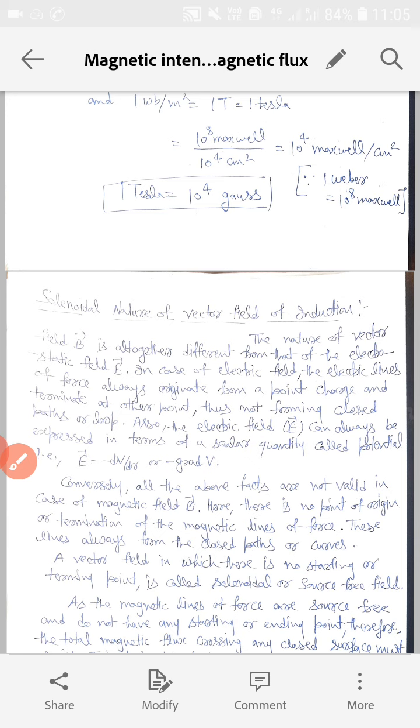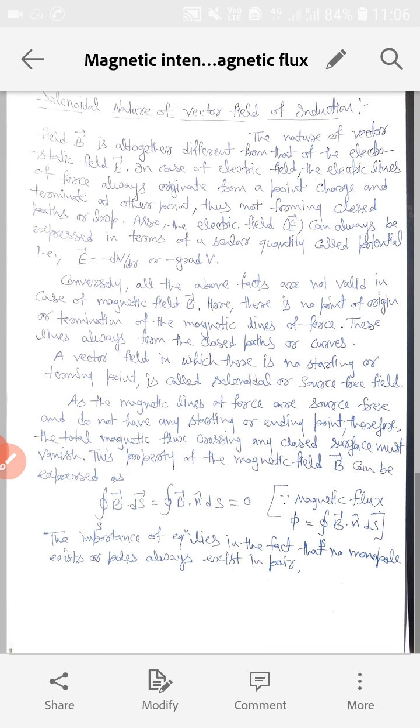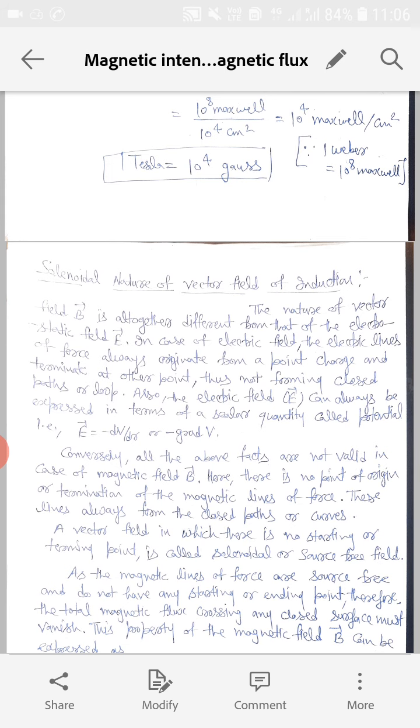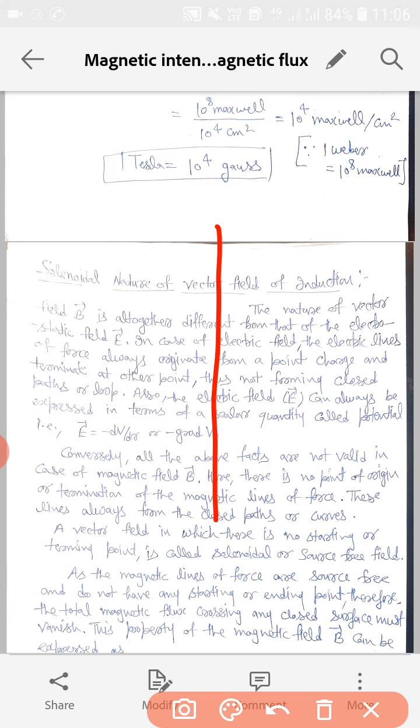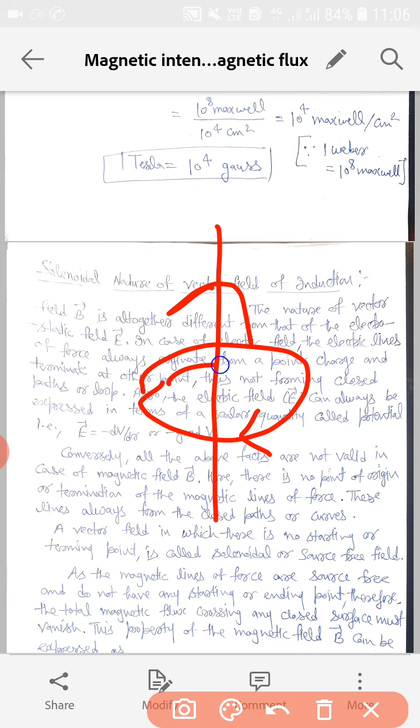In case of the magnetic field vector, there is no point of origin and no point of termination of magnetic field lines. The magnetic field lines always form a closed path. If you remember, the magnetic field lines due to a current-carrying conductor form closed loops like this.